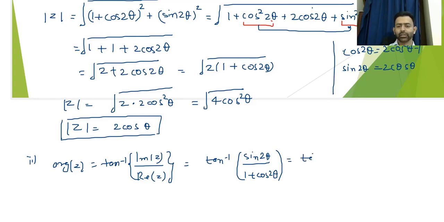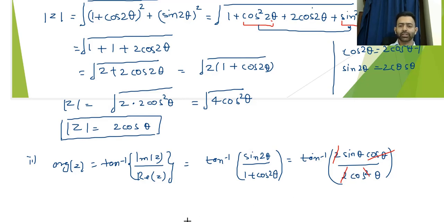So this is tan inverse of 2 sine theta cos theta divided by 1 plus cos 2 theta, which is 2 cos square theta, right? Now this 2 can be cancelled with this 2, and 1 cos theta can be cancelled with 1 cos theta here.